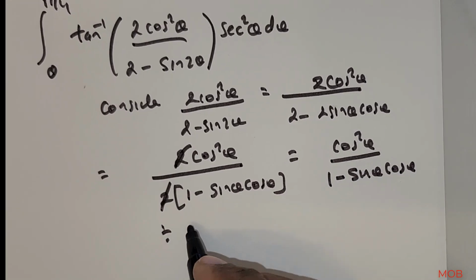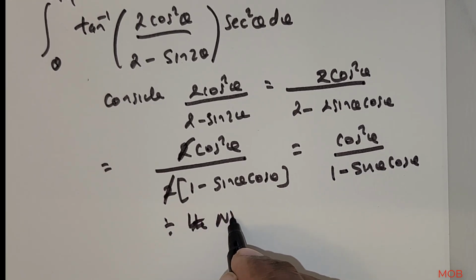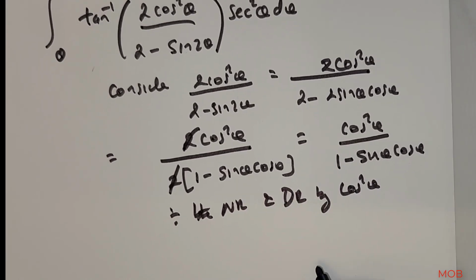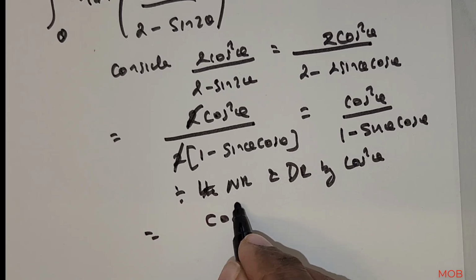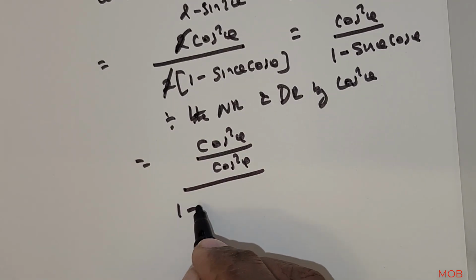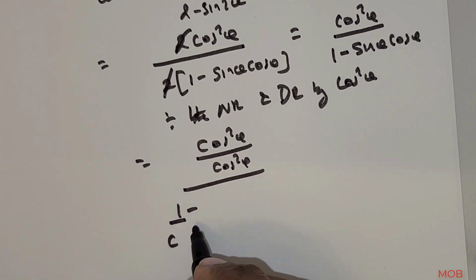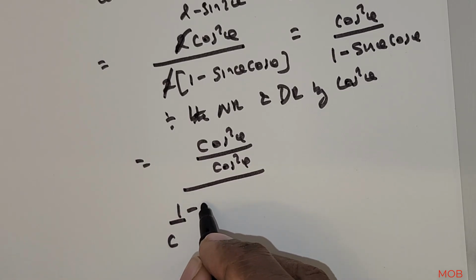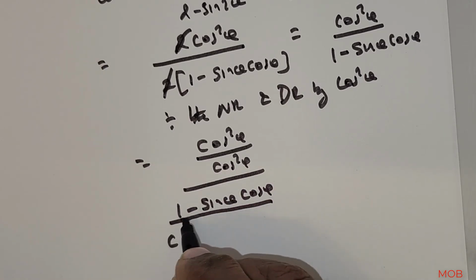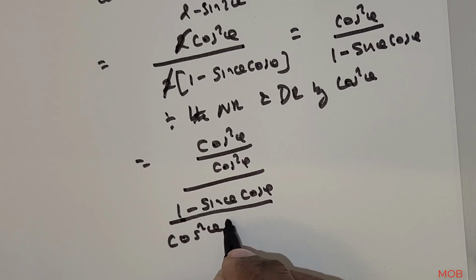Now I wish to divide the numerator and the denominator by cos square theta. So the numerator becomes cos square theta over cos square theta, divided by (1 minus sin theta cos theta) over cos square theta.